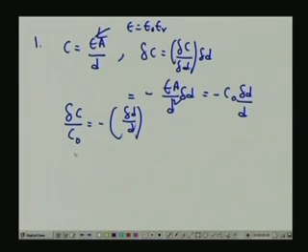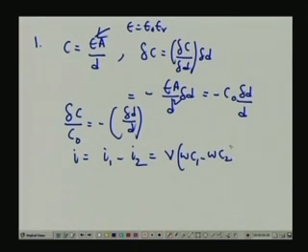Now, current I you can see here is I1 minus I2, right. Which we can write equal to V omega C1 minus omega C2, or V omega taken out, C1 minus C2, right.